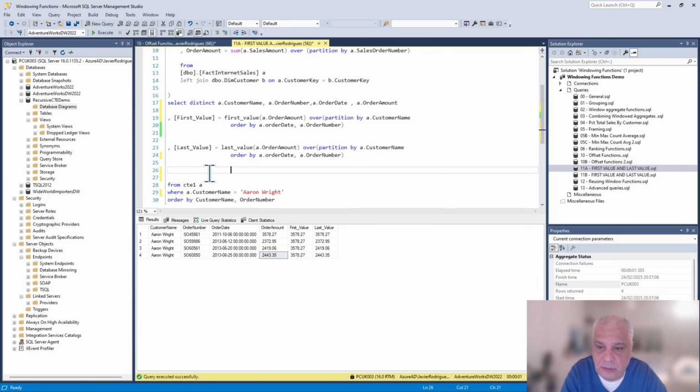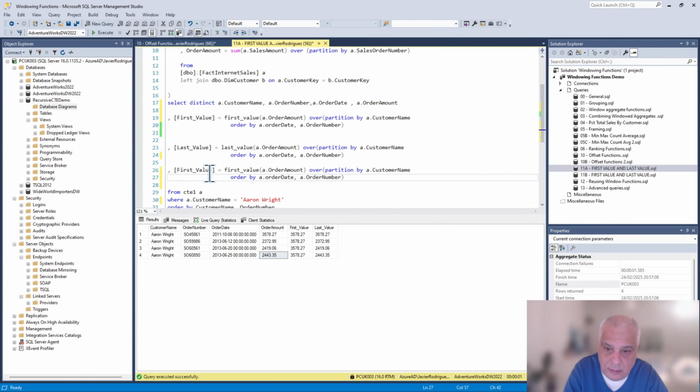Let's have a look into this one. I'm going to change the partition.